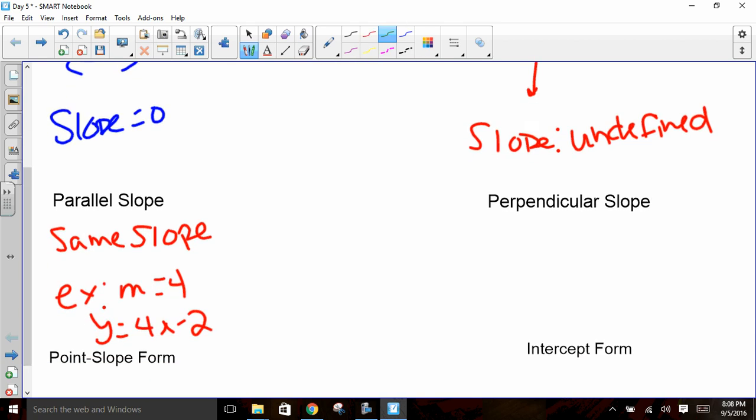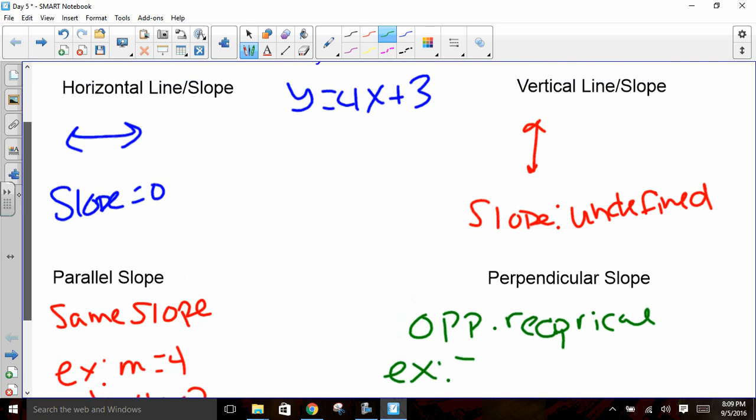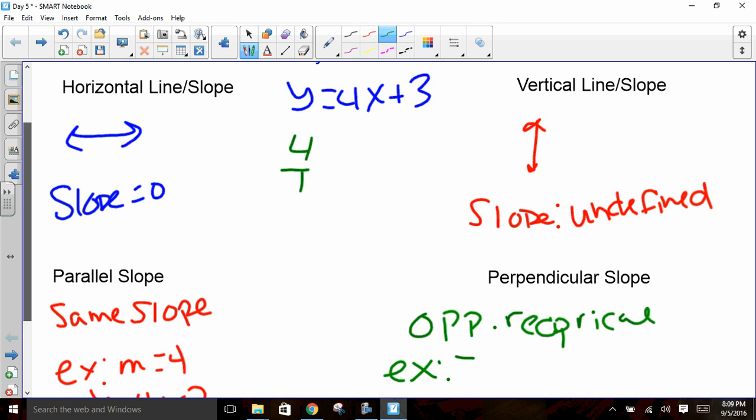Now, when I'm talking about a perpendicular slope, that's when I'm going to have the opposite reciprocal. You're probably like, what the heck is that? Now, opposite means opposite sign. So if I'm using that same example from above, I'm going to have the opposite sign, so it's going to be negative, because if you notice, my 4 is positive. Reciprocal means that I'm going to take it as a fraction and flip it. So originally I have 4 over 1.